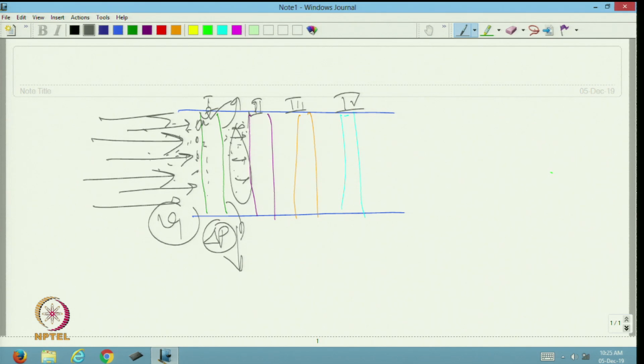Here the air velocity is reduced, and a much smaller particle will come. Gradually the air velocity will keep on reducing, and at this point the very fine particles are coming out.